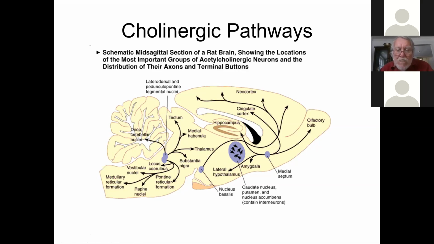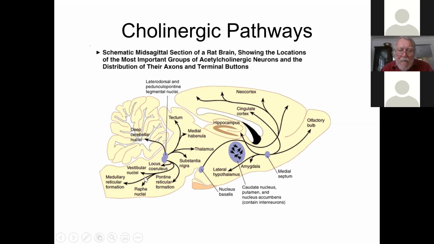And there is cholinergic innervation of all four lobes of the neocortex, as well as of the olfactory bulb. So you have cholinergic activation of the neocortex and the olfactory bulb by the nucleus basalis of Meynert.